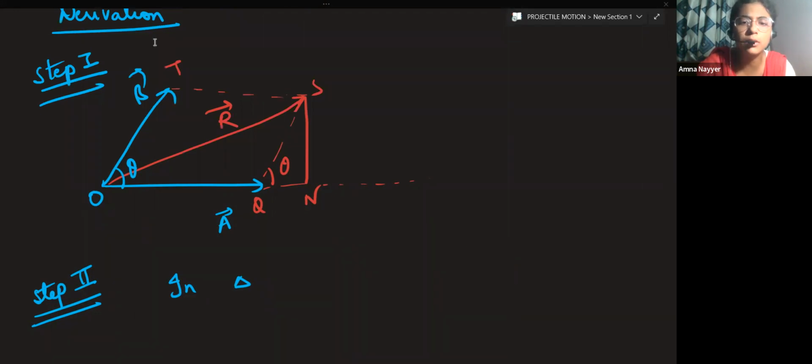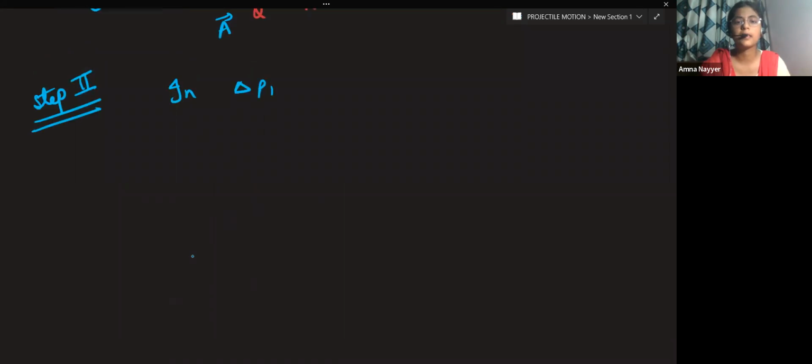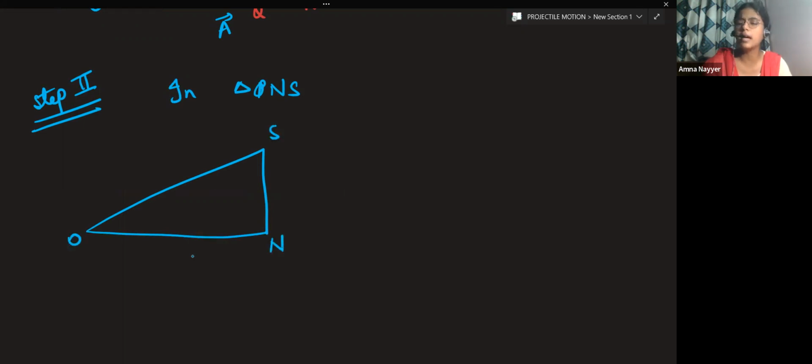I'm now talking about the bigger triangle, this triangle. This is ONS. If I draw this triangle separately, look here. This is O, this is N, this is S. These were the sides I had chosen.